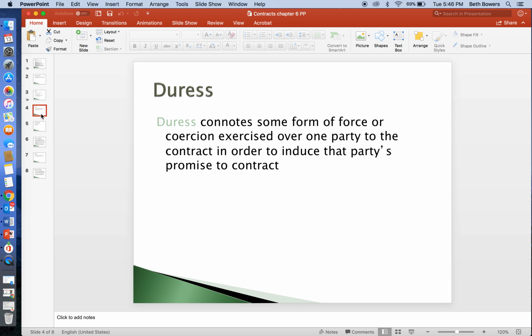So this concept exists, and certainly it allows for parties to claim that the contract is invalid under these circumstances, but proving it may be another thing entirely. And that's just something to keep in the back of your mind when we talk about these concepts.